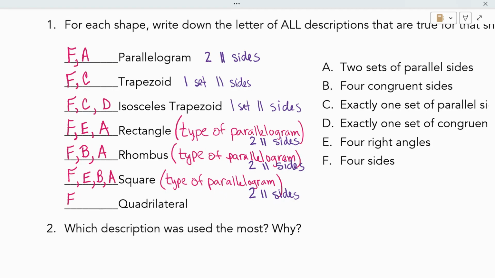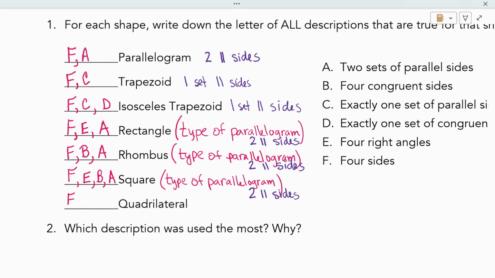We could have quadrilaterals, and then inside of it is all of the parallelograms, because they have 2 pairs of parallel sides. Below that, things with 1 pair of parallel sides, like trapezoids, and then what was that other shape that we didn't give any parallel sides to? The thing that you fly in the spring? Kite. A kite. No parallel sides.